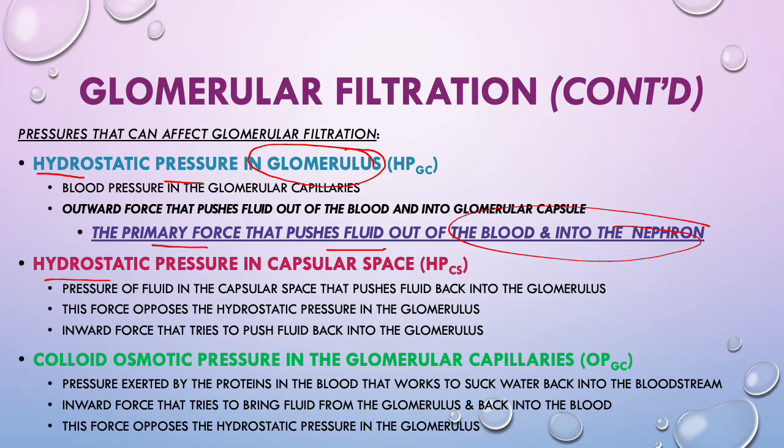So we have the hydrostatic pressure of the capsular space attempting to bring the fluid back into the glomerulus, okay? And then we have the colloid osmotic pressure, and whenever you see that, it's protein trying to bring fluid back into the glomerulus, okay? Of the three, the hydrostatic pressure of the glomerulus is going to be the strongest, allowing the filtrate to pass through, and then we have filtrate, okay?